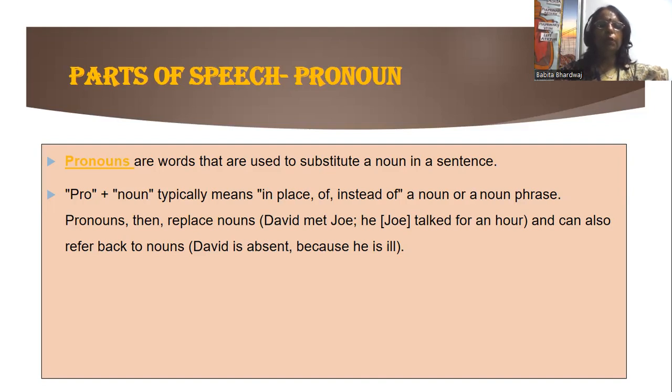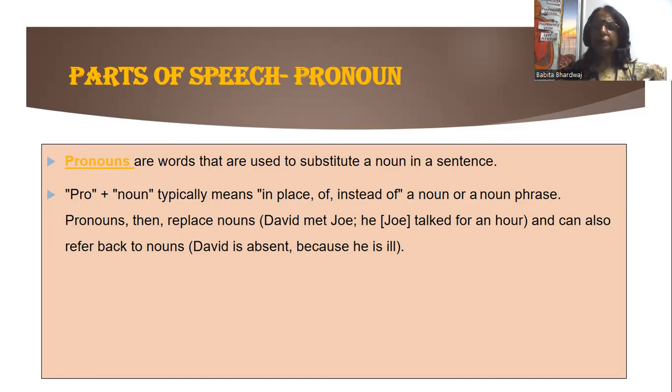Pro plus noun typically means in place of or instead of a noun or a noun phrase. So pronouns replace nouns. For example, David met Joe. He talked for an hour. In this particular sentence, you can see the name Joe is not repeated. Instead of the name Joe, he is being used.